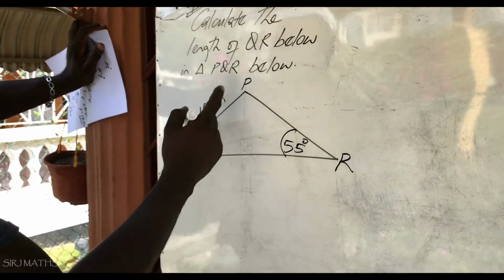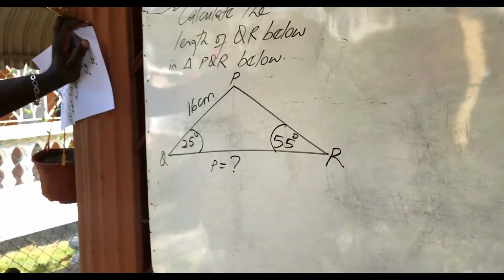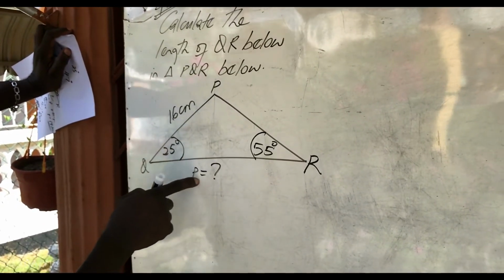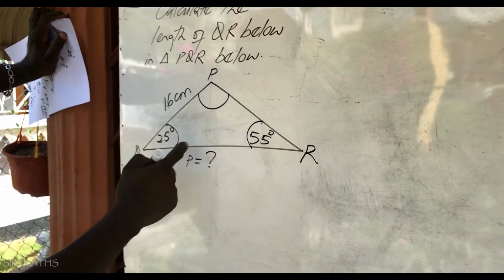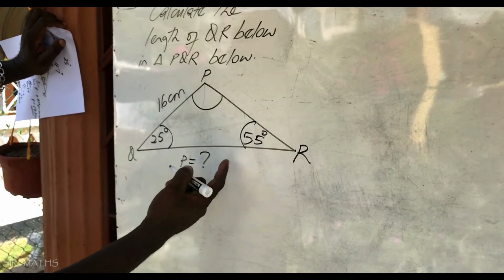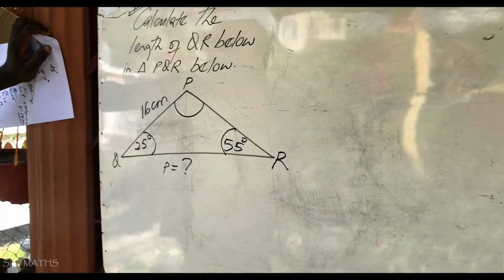Now, if we want to find the length of QR, which is little p, we don't know little p. But based on what we have been doing, if we want to find side P, we must know angle P. Can we find angle P? Yes, even though it is not given, because we know that the sum of the interior angles of a triangle add up to 180 degrees.